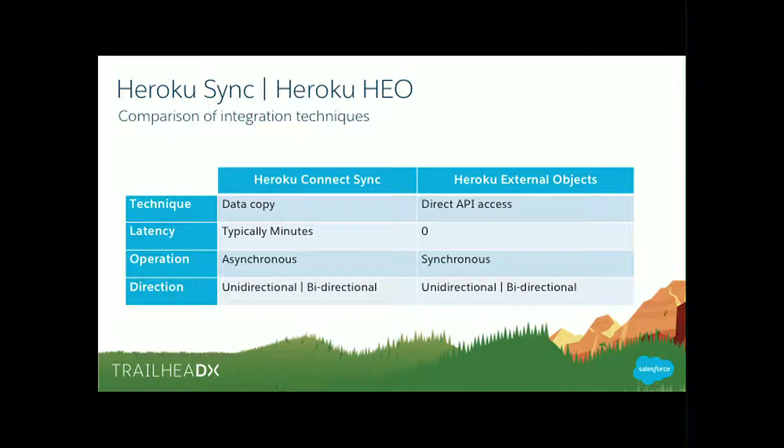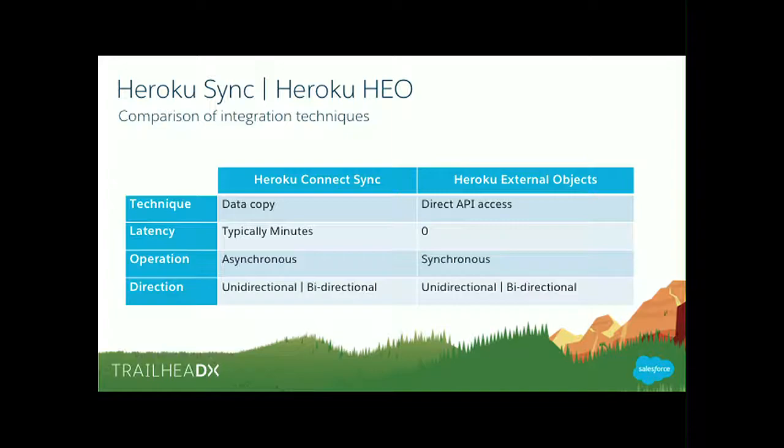With Connect Sync, typically we talk about the latency as a matter of minutes. It's quite fast. You can configure it, as Howard will show you, to have a pretty low latency, but when it comes to actually reading data, moving it across the network, writing it, there's always going to be a notion of a cycle time.